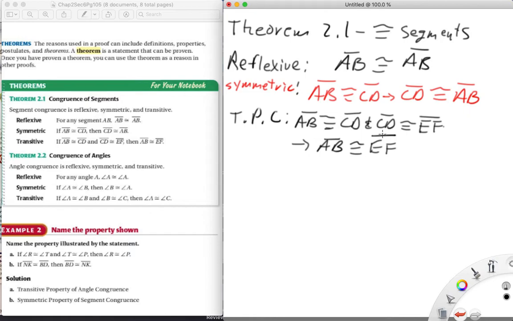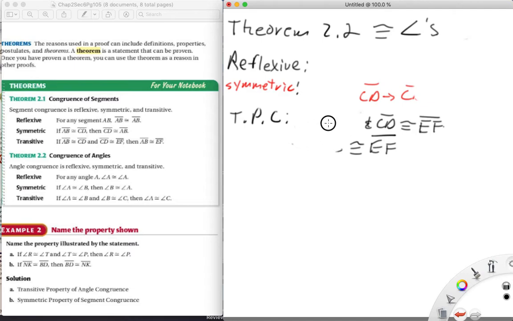Those same three things apply in Theorem 2.2, and Theorem 2.2 deals with congruent angles. These are the same rules, but instead of segments, we're dealing with angles.